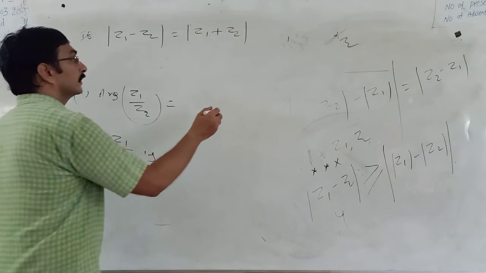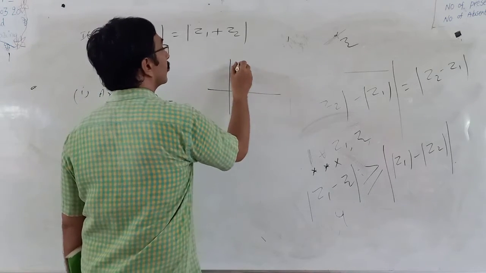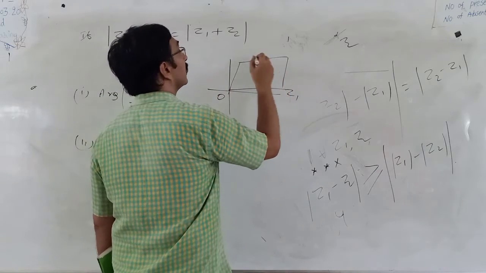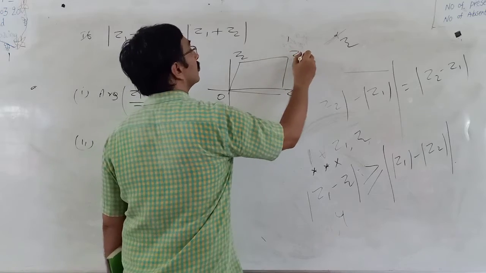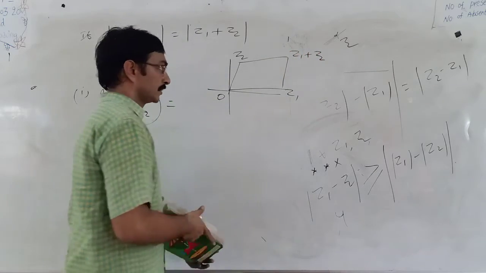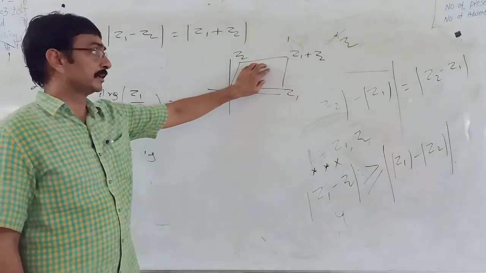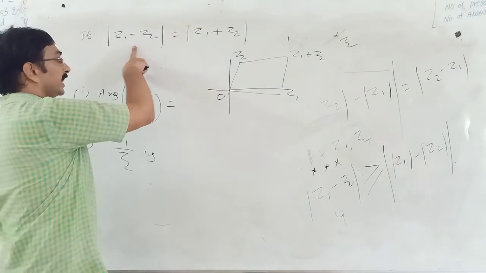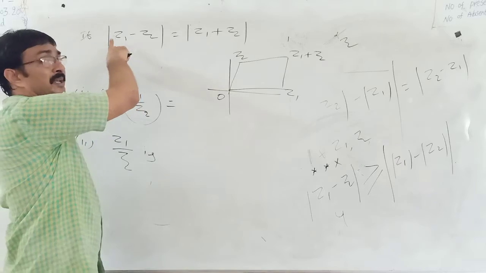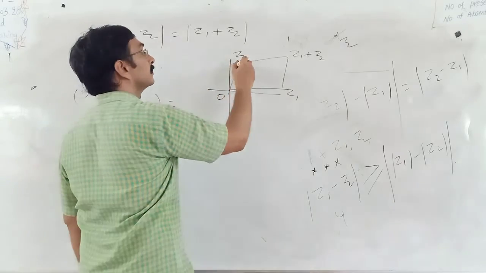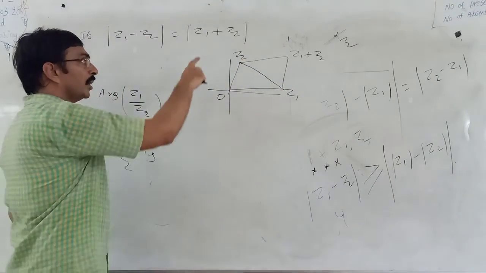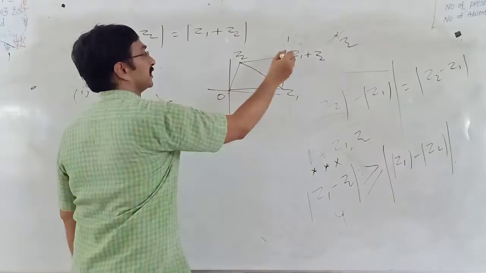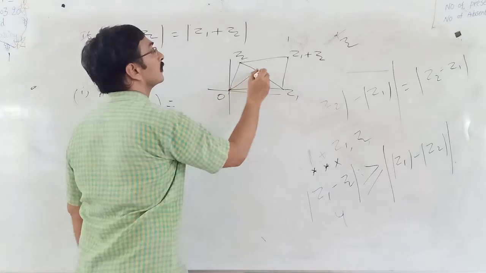so see the diagram. Origin, Z1, Z2, Z1 plus Z2. This is a parallelogram, first of all. The left hand side is the distance between the complex numbers Z1, Z2, meaning this gap. Modulus of Z1 plus Z2 is the distance from origin to that complex number Z1 plus Z2.